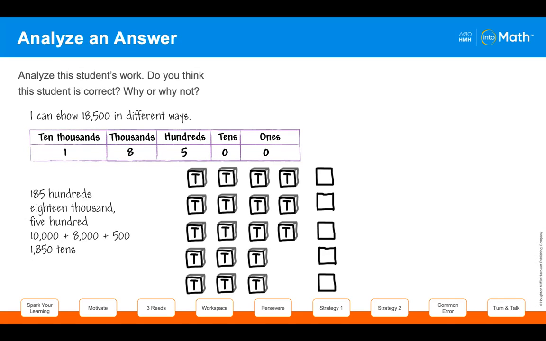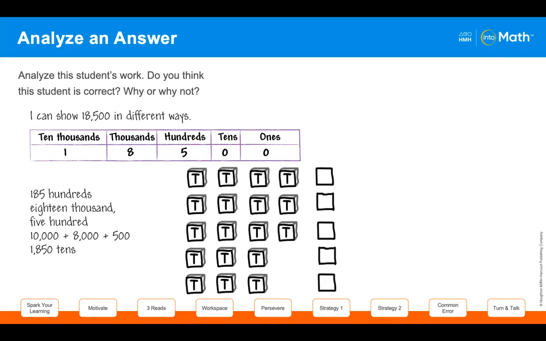So looking at this student's example, they wrote, I can show 18,500 in different ways. So first we see a place value chart. Give me a thumbs up if you used a place value chart to represent this number. Awesome. So they broke it down into 10,000s, thousands, hundreds, tens, and ones. That's an excellent way to represent a larger number.